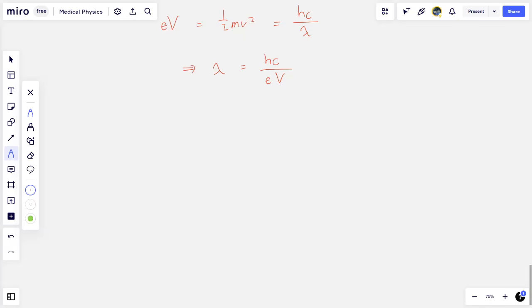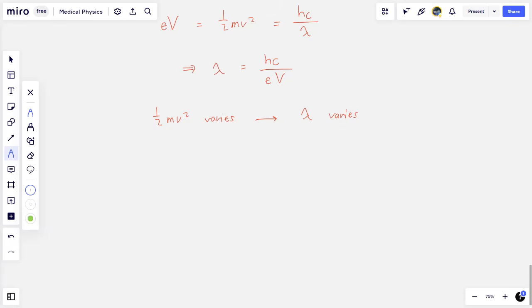Okay. Now, what's important to know is that the amount of energy given to each electron varies. It's not constant. Since we have a varying of energies of electrons, we have a varying of the wavelengths and the frequencies of the X-rays produced.